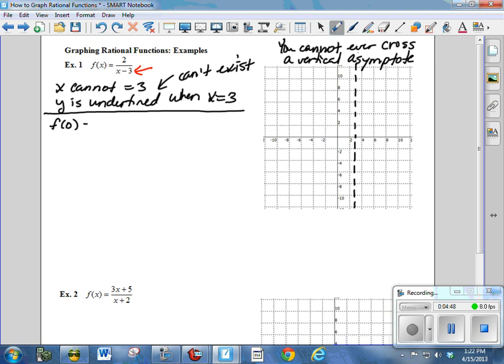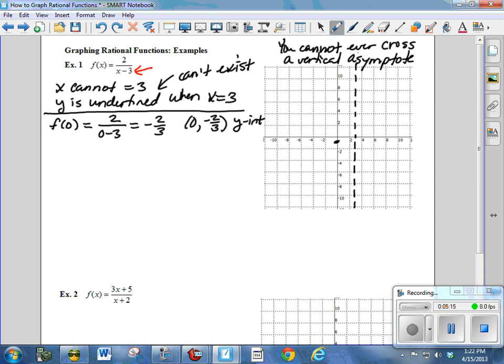When we put 0 into the function, we get 2 over 0 minus 3, which is -2/3. So I have the point (0, -2/3). That's my y-intercept. So I'm going to plot that point, (0, -2/3). And notice the grid here is that each box represents 2, so -2/3 would be about right in here.